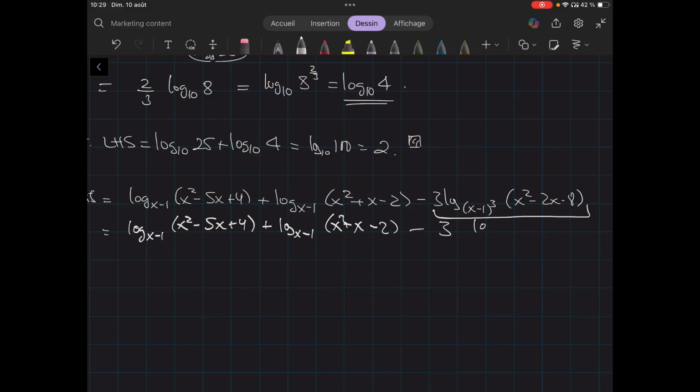That'll be 3 times log base x minus 1 of this guy divided by log base x minus 1 of x minus 1 cubed. This guy will give 3. They will cancel out. So you're left with log base x minus 1 of the product of all of them.